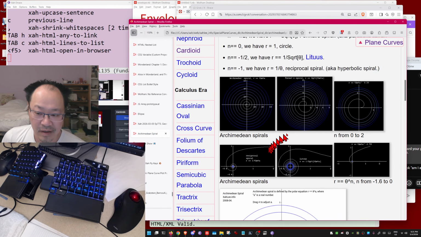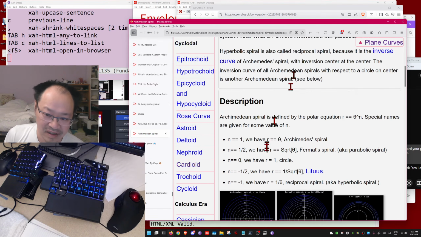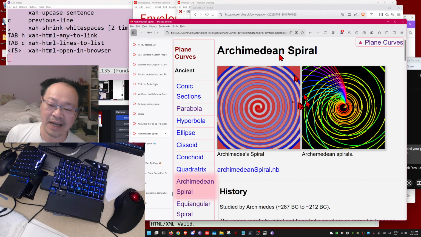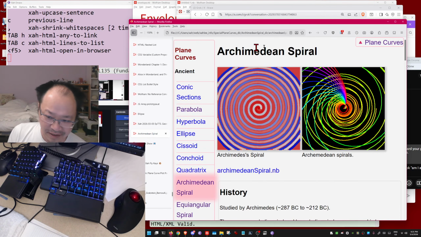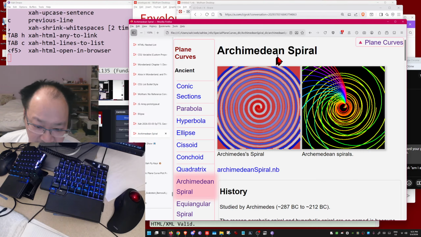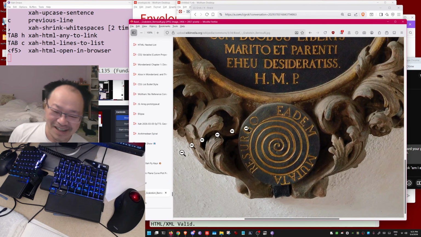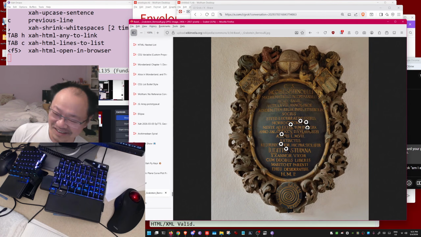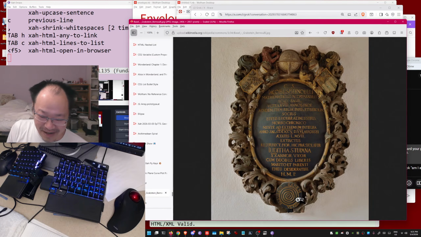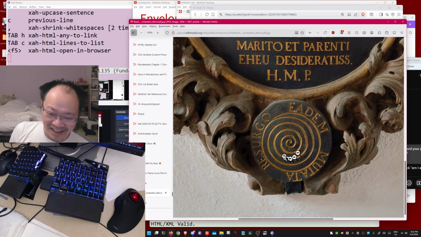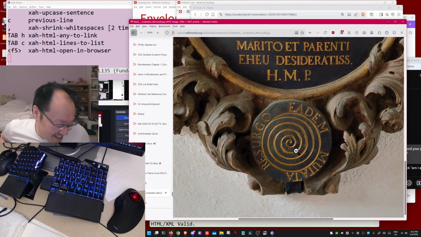So this curve is not equal angular. It has other properties, that's why it's called an Archimedean spiral. But the carpenter or whatever, he doesn't know about the mathematics, so he drew an Archimedean spiral on the grave. So that's funny.